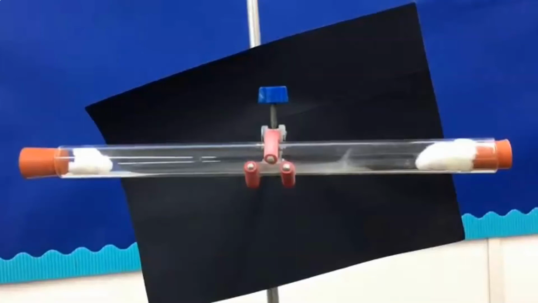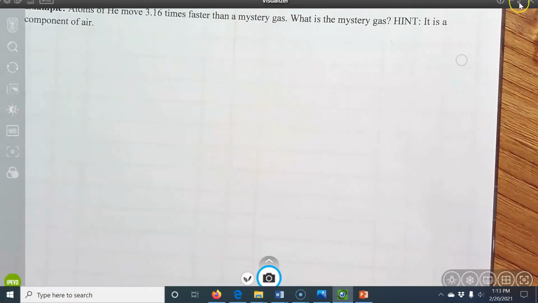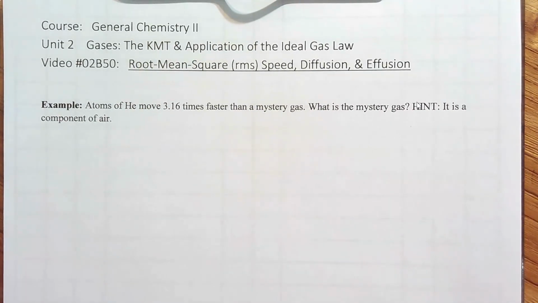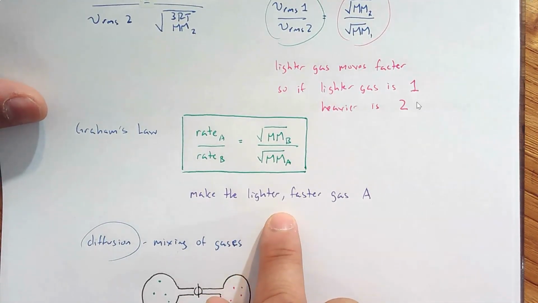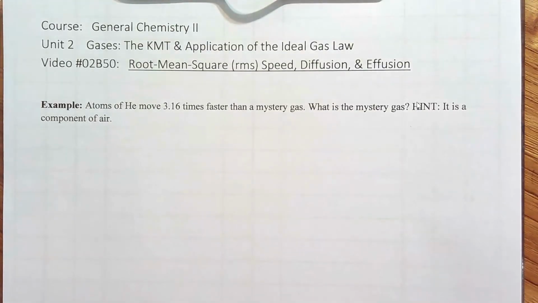Last thing. Okay. I want you to review the notes that we went over in this video and try this problem right here. The hint one more time is make the lighter, faster gas A in this equation. Okay, do you want to pause and check this out?